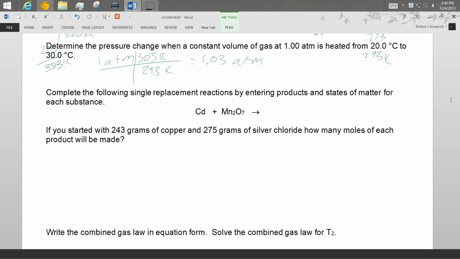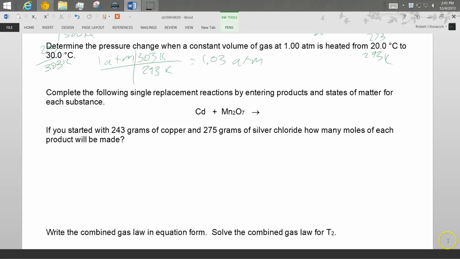I can't have cadmium and manganese in the same compound because their options are they either have zero charge or they have positive charges. So I can't have a compound made of those things. So I have to have something that can be an anion and something that can be a cation. And since the metals can only be cations, I can't take the non-metal out. So I have to swap my cadmium in for my manganese.